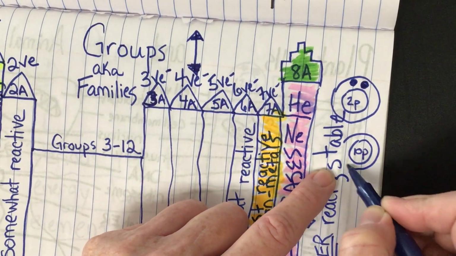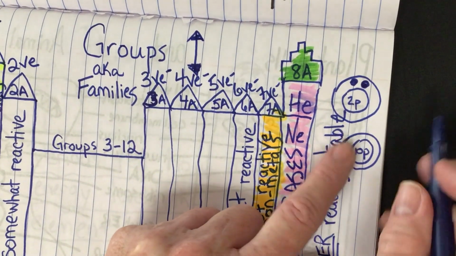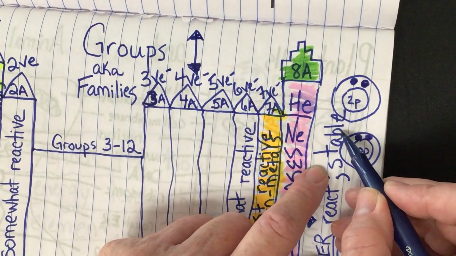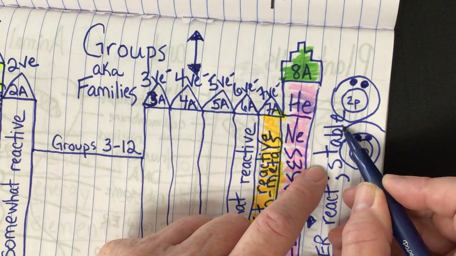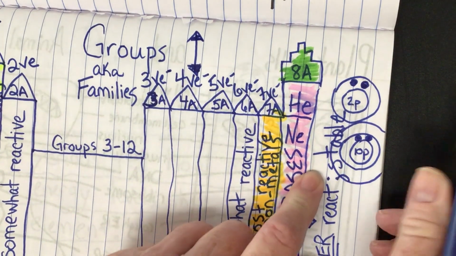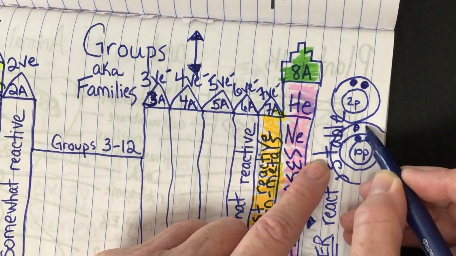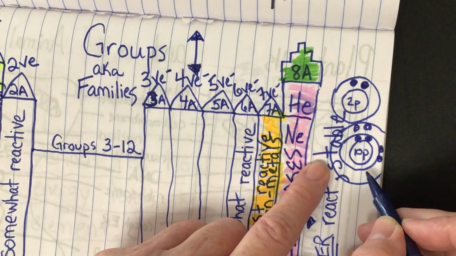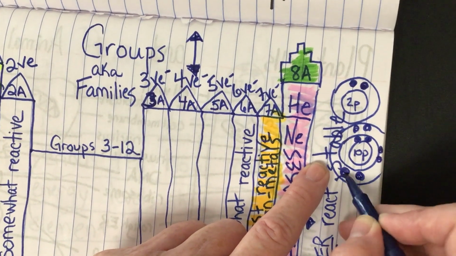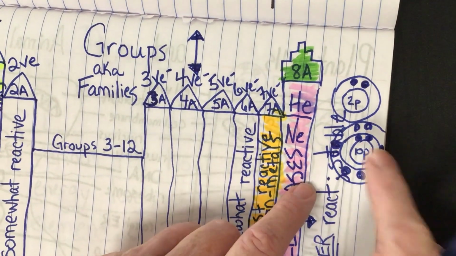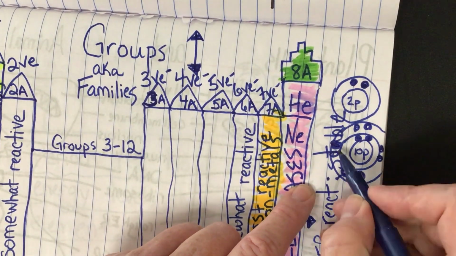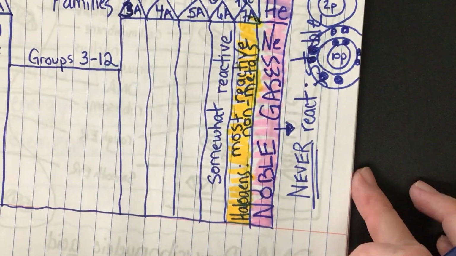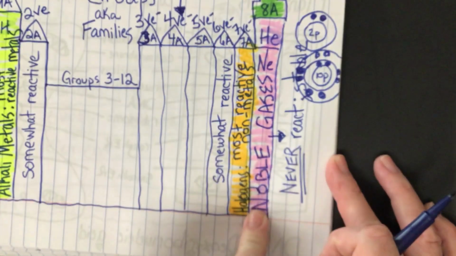I don't have room for all the shells. How many can fit in the first orbital? Just 2. Well, we're going to have now a second energy level, and it's going to have all 8. Do we have 2, 4, 6, 8? In nature, or on the periodic table, these guys are considered perfect.